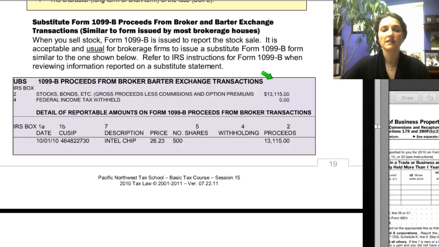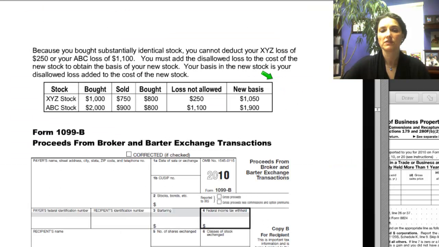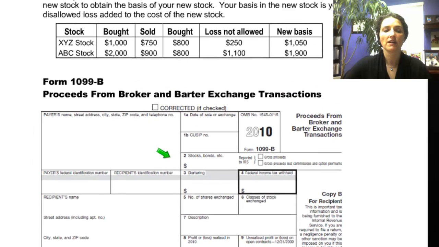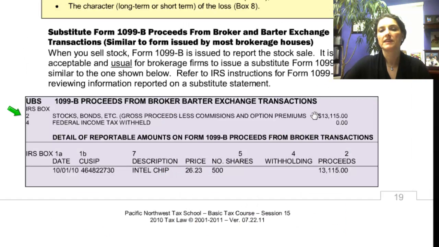Well, this amount is the amount that would appear on the standardized format if it were used, which it never is. So you'd be looking for the amount shown in Box 2 right here. What is the amount? It would be a number, except the brokerage house doesn't issue a document that looks like that. Instead, it issues this substitute document with a number equivalent to the number that would show in this box. And that number, in this case, is $13,150.